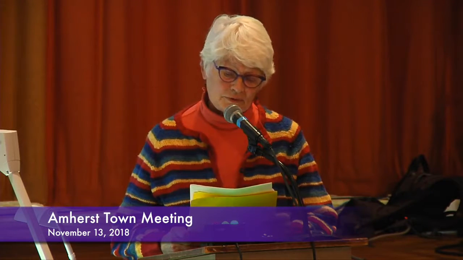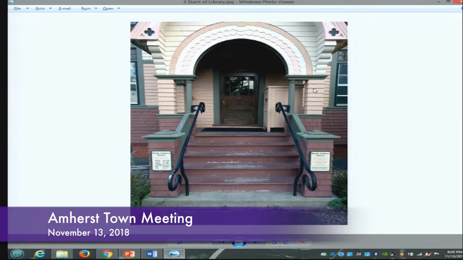The problem with this library is that the 7 steps up to its only door are not accessible by wheelchair. These stairs also make it difficult for those using walkers or canes or lifting strollers. The staff there are very kind about carrying out books to people who can't get up the stairs, but those people wanting to browse the collection can't do it.